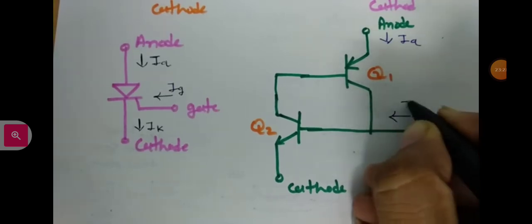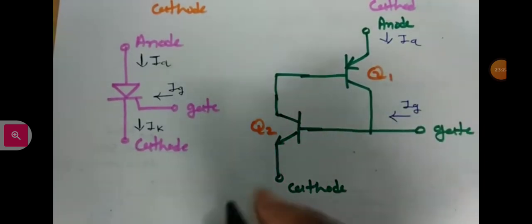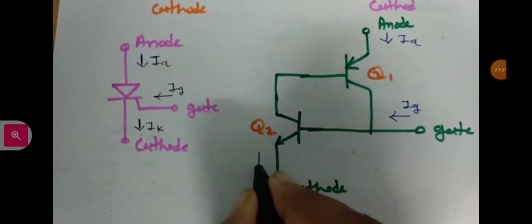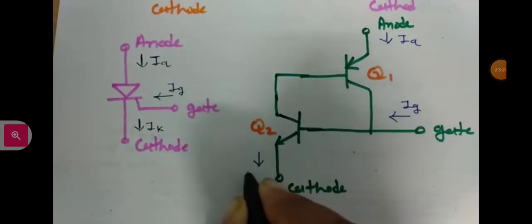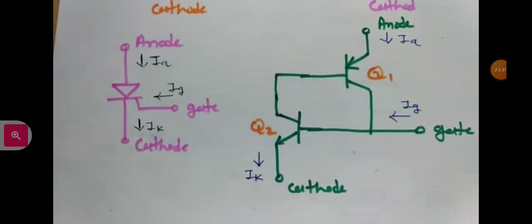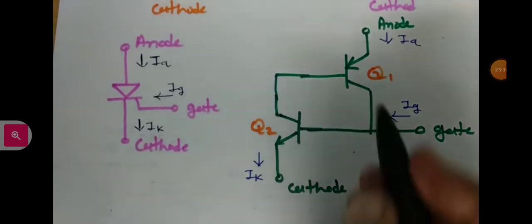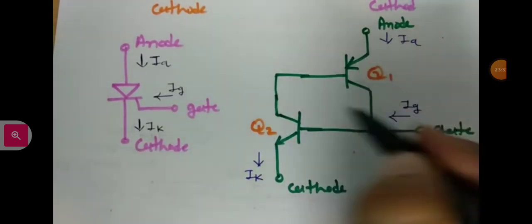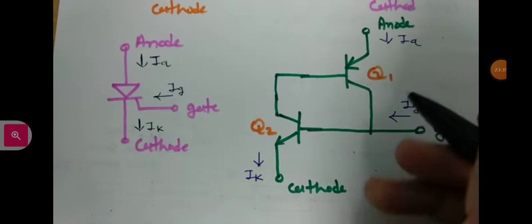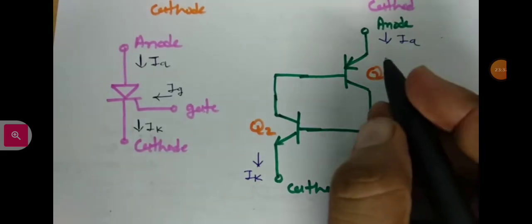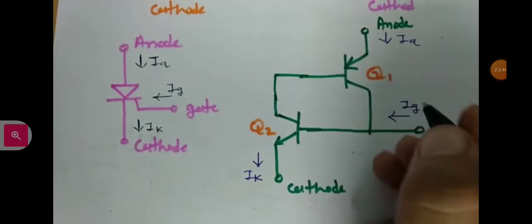Here I am inserting gate current, and this transistor Q2 is leaving cathode current. Now let us try to understand the current inside this transistor in terms of the transistor's notation.